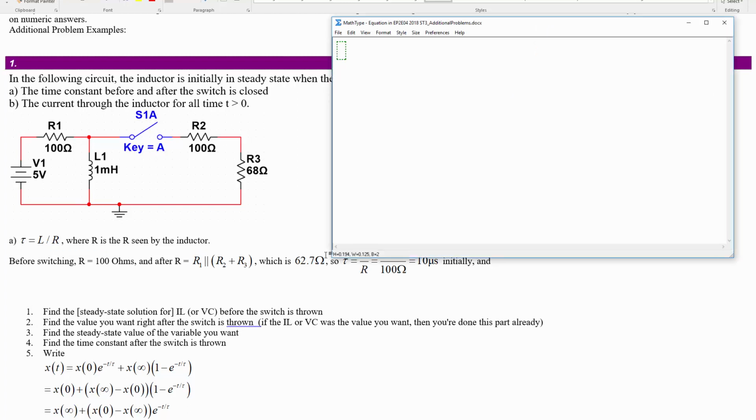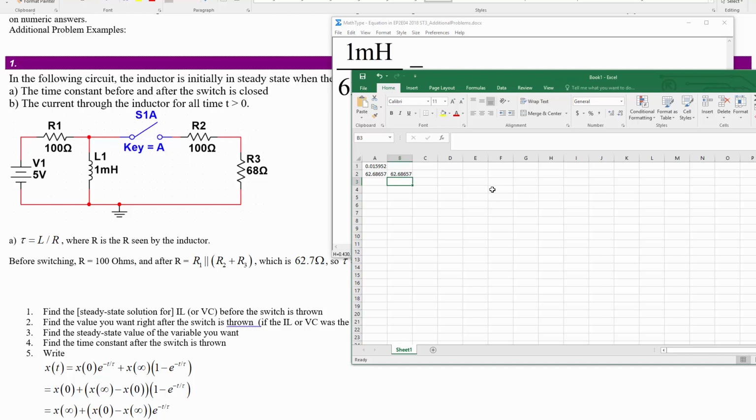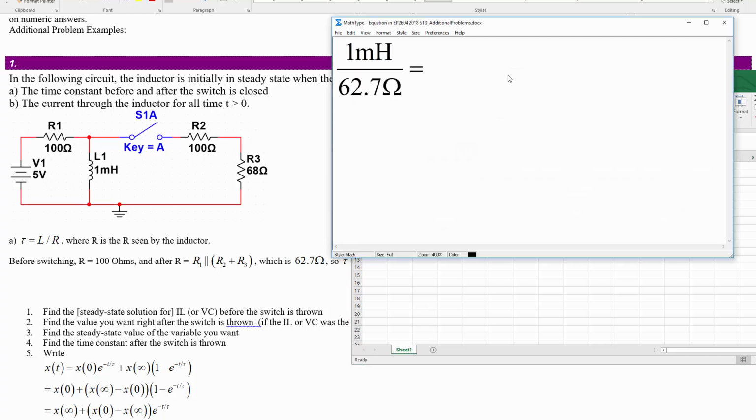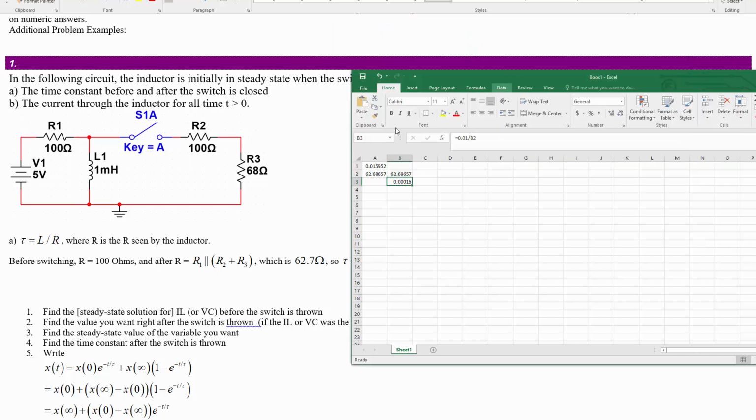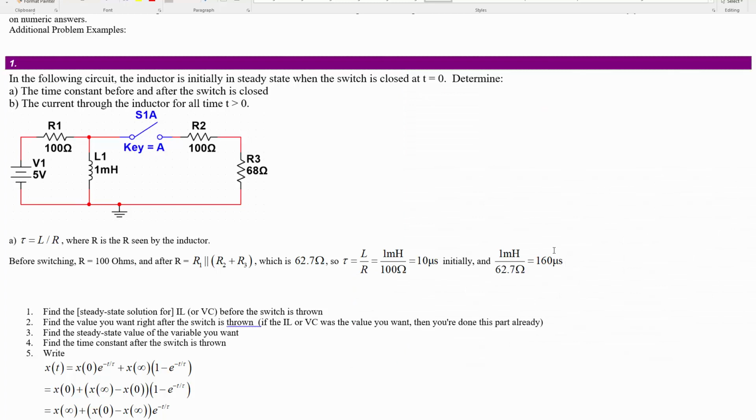And 1 millihenry over 62.7 ohms, which would be 160 microseconds after the switch is thrown. That doesn't seem right.